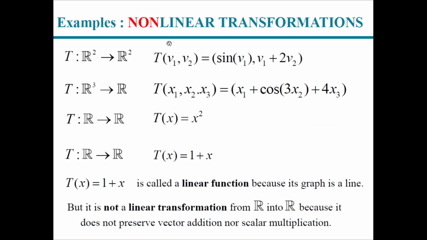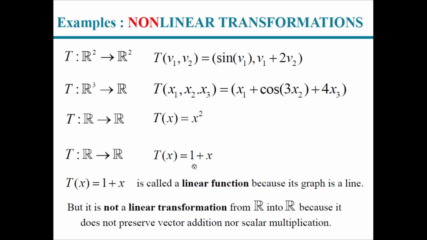Some examples of transformations that are not linear. This one here, transforming vectors from R3 into real numbers using this formula, is not linear because of the cosine. Obviously, the function x squared is not linear.